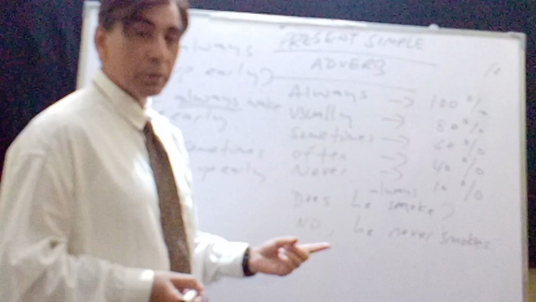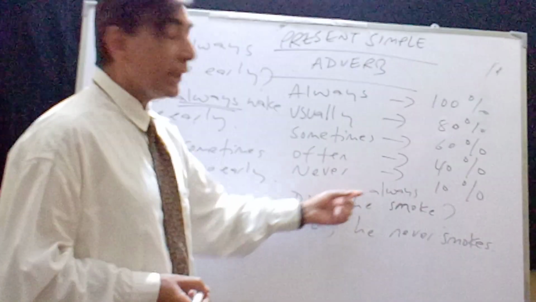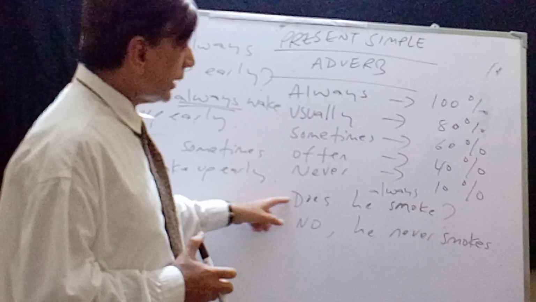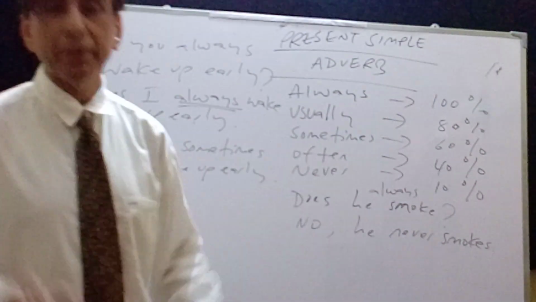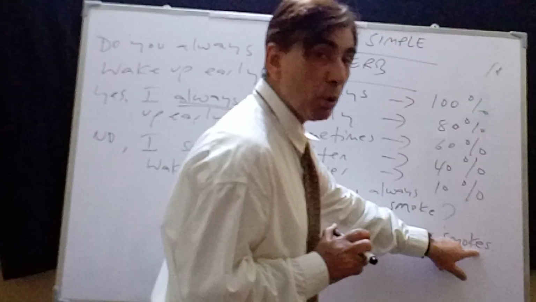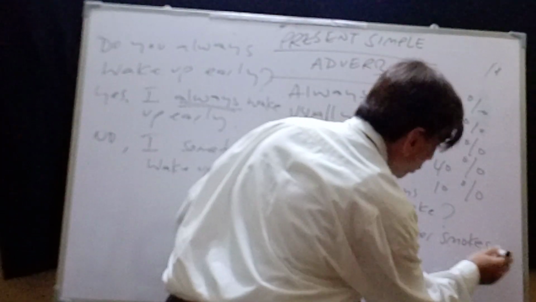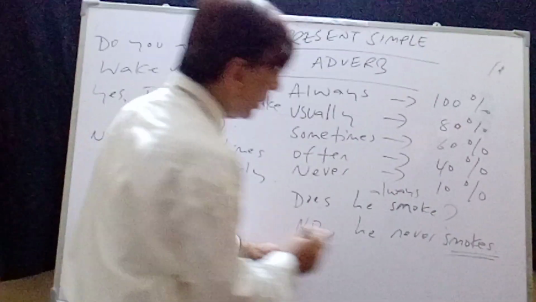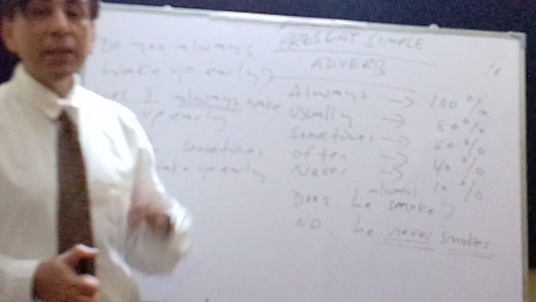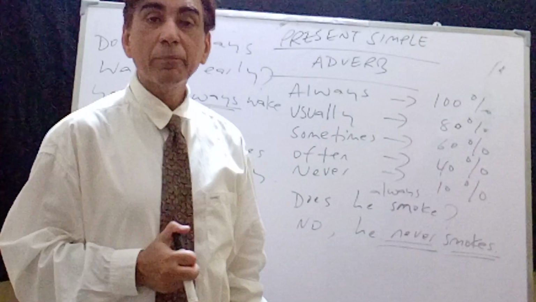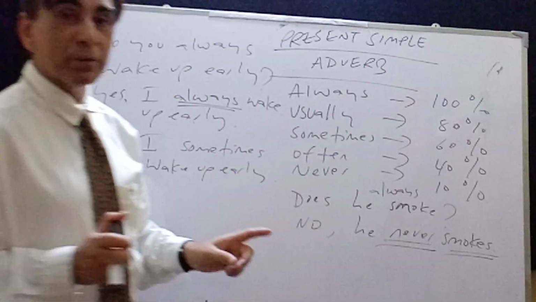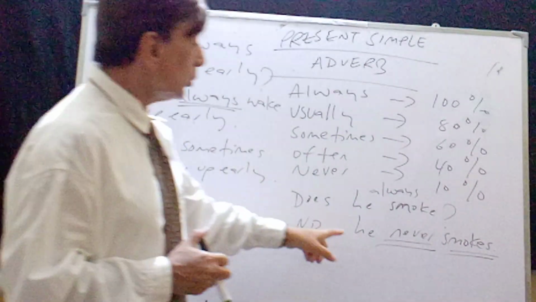By the rule, once you get the adverb in the question, you have to have the adverb in the answer. If you want to make it totally negative, you have to say, no, he never smokes. Never is always used for the negative sentence. Anytime you get an adverb in the question and want to make the answer negative, you use never.